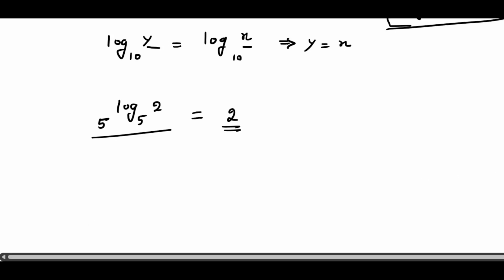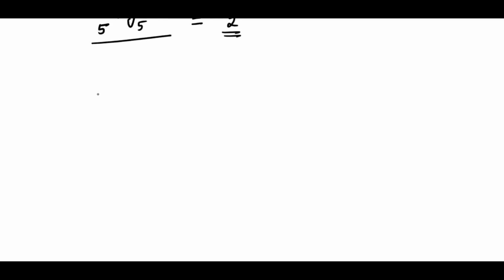So, a few things that we understand. Suppose you have a power b is equal to c, then you can write this as log of c to the base a is equal to b. This is the first thing.